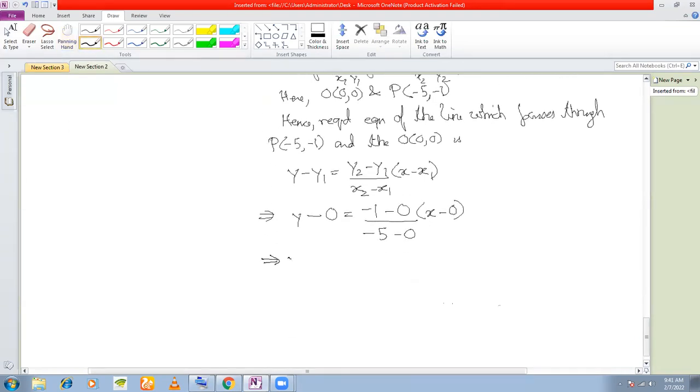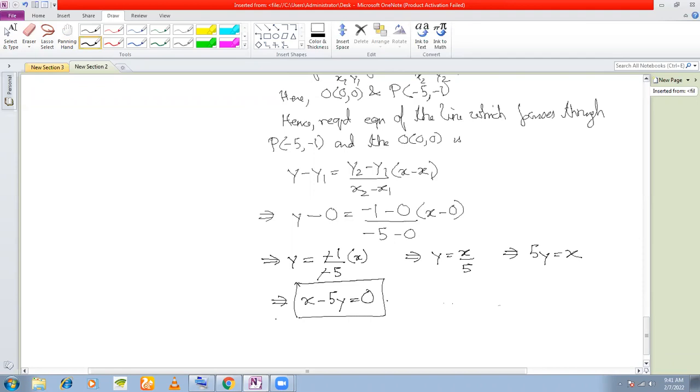So you get here y is equal to -1 by -5 into x, right? So this cancels. So simply get y is equal to x by 5. Cross multiply, you get 5y is equal to x. That means you get x minus 5y is equal to 0. And this is the required equation of the line.